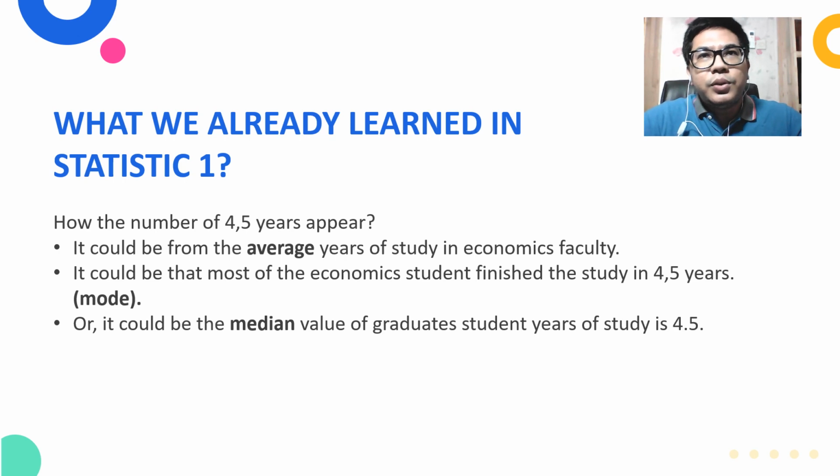Or you could count from the ordered chairs, reflecting the length of study from the fastest to the slowest, and maybe you choose the exact chair that divides the graduating students into two equal groups, and that chair reflects the years of study of the population, in this case the graduate students of the economics faculty.